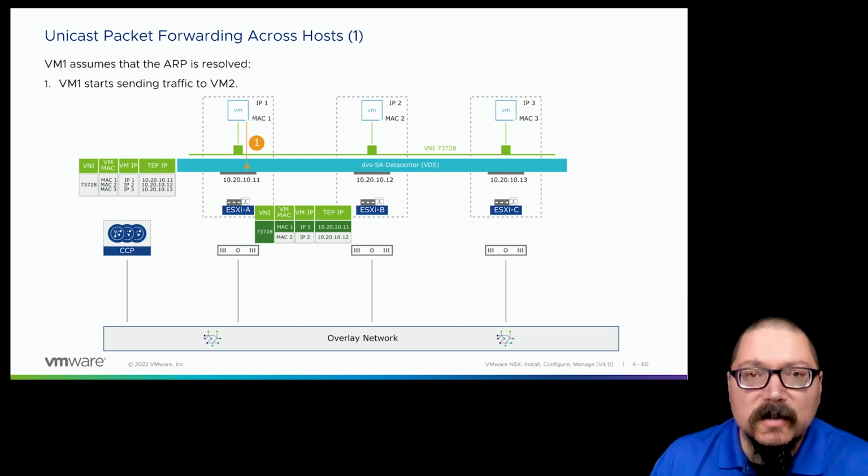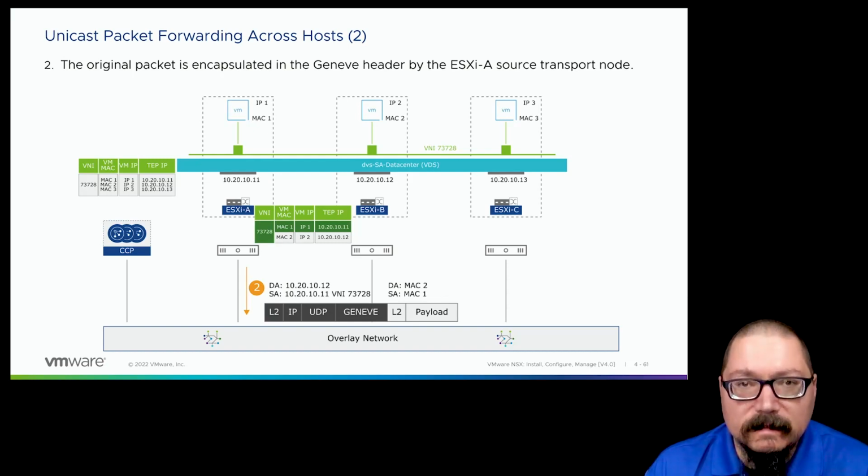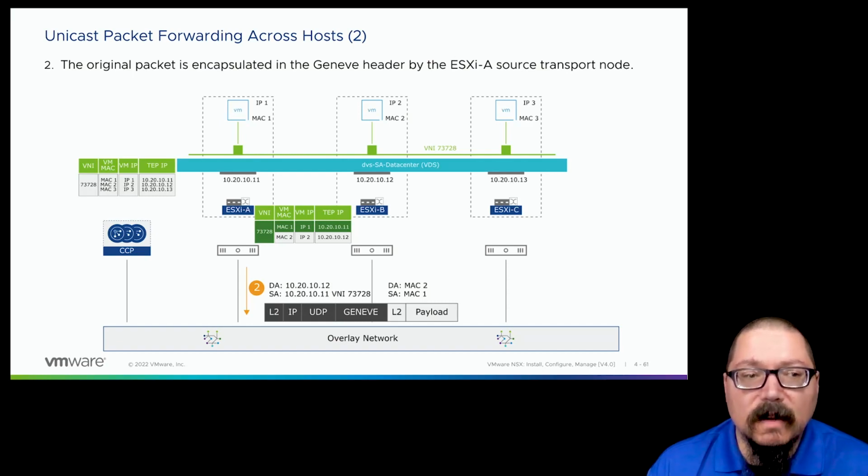Well, since that's an external tunnel endpoint, we now need to encapsulate that Ethernet frame in a Geneve packet. And we're going to send that Geneve packet over the physical network, right? Over across our overlay network, our transport network, to get to the destination tunnel endpoint.